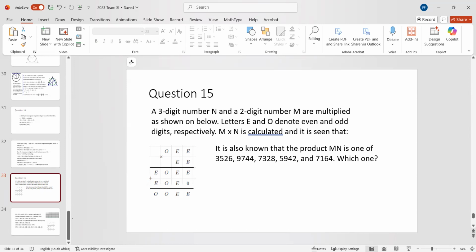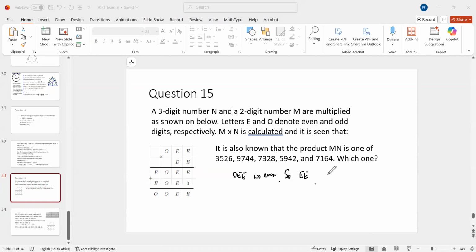All right. Now let's start with what we are given. This number here is an even number, because the last digit is even, right? So is the other one, because the last digit is even. So you're multiplying two even numbers.